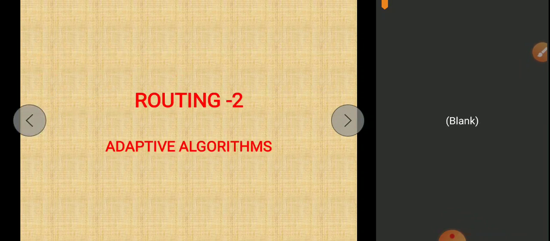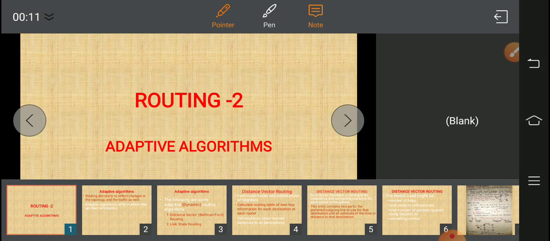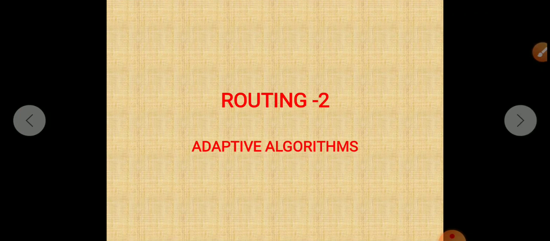Majorly, static and dynamic are the two types of routing. Already I have covered static routing. Now I'm going to discuss adaptive routing algorithms.